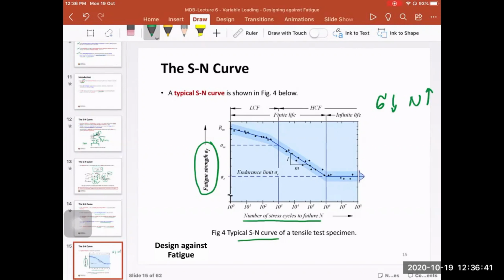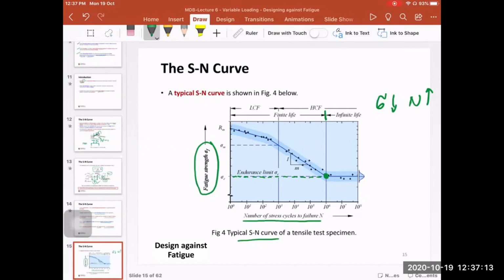Then there are some important points in this kind of SN curve. The first important point is this knee here. After this knee, regardless of the level of the stress, we have infinite life. Any stress that is less than the endurance strength, at the point where the curve has this knee, this level of stress is called the endurance limit of the material.